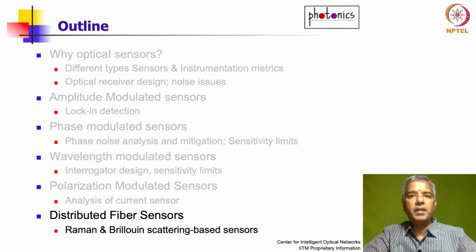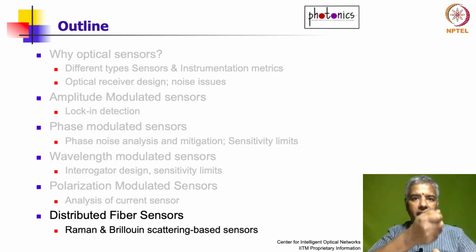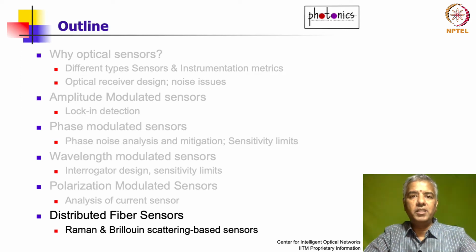So it's pretty much like when you send a pulse of light down the fiber, you are as if taking a flashlight and illuminating the optical fiber section by section, and we get to see through the backscattered light some information about the physical environment around that optical fiber. So that's what distributed fiber sensors are about, and specifically we'll look at the examples of Raman scattered sensors, as well as Brillouin scattering based sensors.